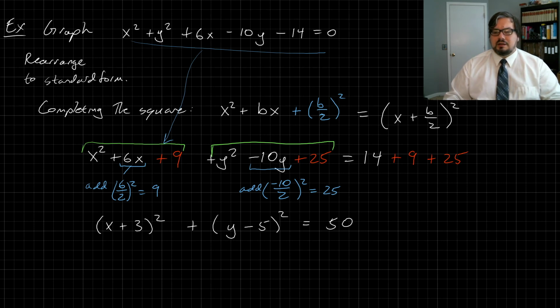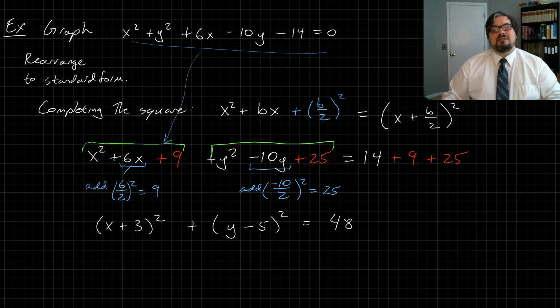Oh, no, let's see, what did I do? Sorry, not 50, 48. Bad mental arithmetic. 48.